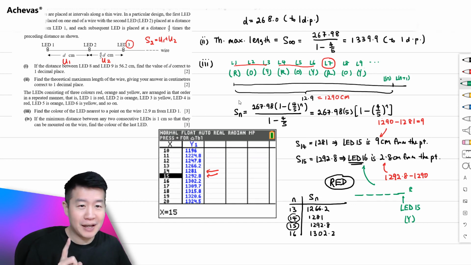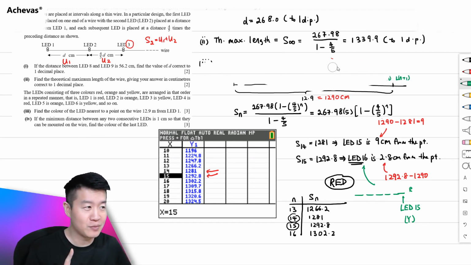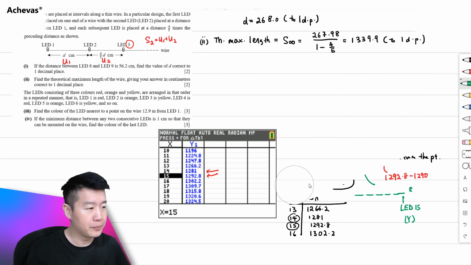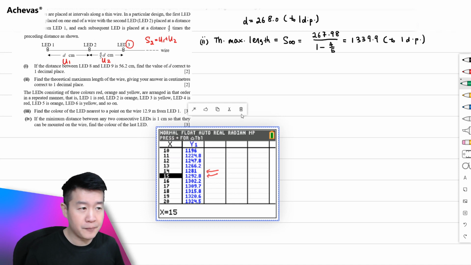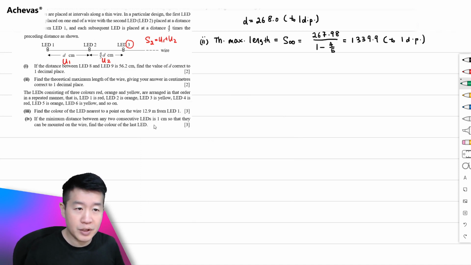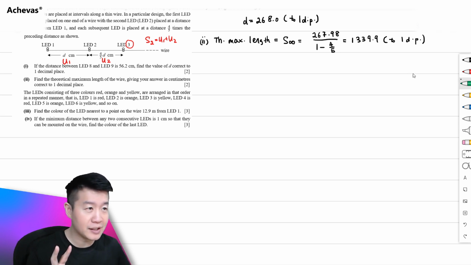Let's try to apply this for part 4 also, because we are going to be using almost the same strategy. For part 4, we want to make sure that all the distances must be a minimum of 1 cm.